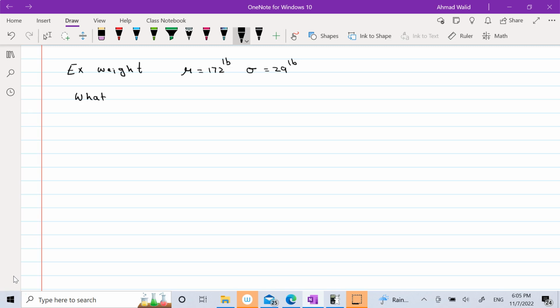What weight separates the lightest 99.5% from the heaviest 0.5%?